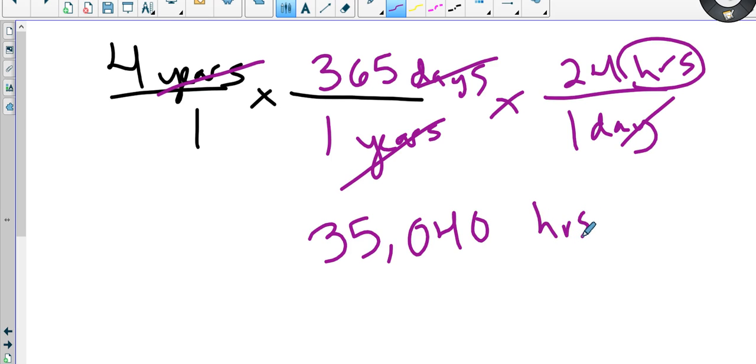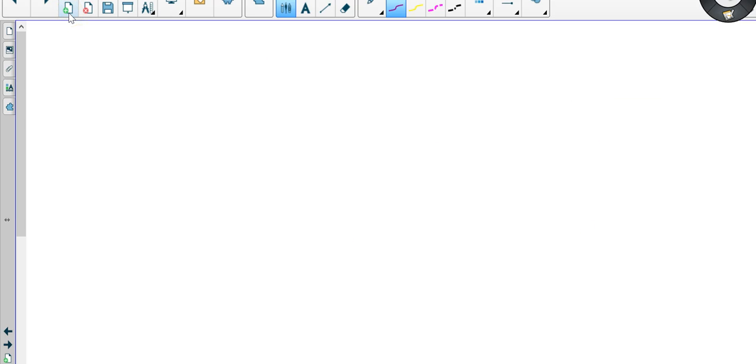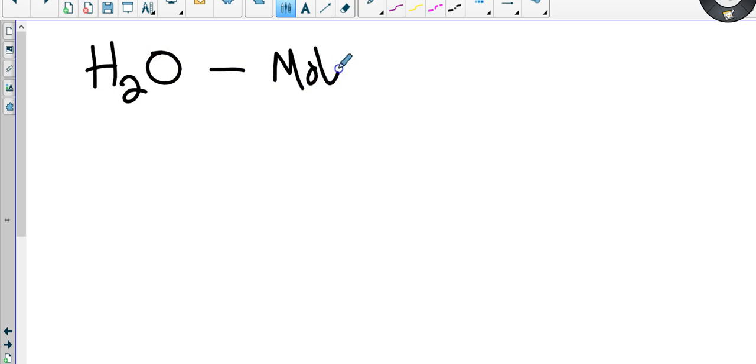Now, we're going to kind of continue this, and we're going to start talking about molar mass and molecular mass. So, I have this little molecule right here as water, okay? So, one water molecule, the H2O. If I find the molecular weight, notice how I'm using the word molecular.